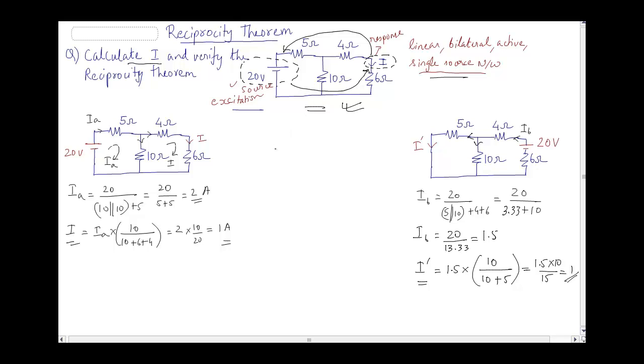Now you can have a similar situation where they may have, let's take for an example another circuit where it may be a current source of, let's say, 2 amps, and then there is a 5 ohm resistor here.